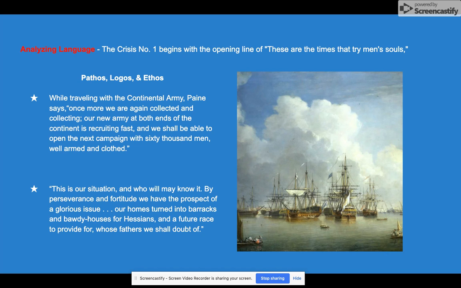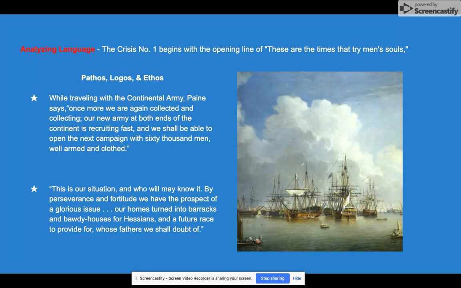So for me, that's an example of logos, logic, and ethos, credibility, because Thomas Paine is actually traveling with the Continental Army, so he's experiencing it, he's living it with them. So that's ethos. And then logic, he's giving examples of how well equipped they are. He says they have 60,000 men well armed and clothed. So he's saying, logically, we're going to be victorious in this battle.